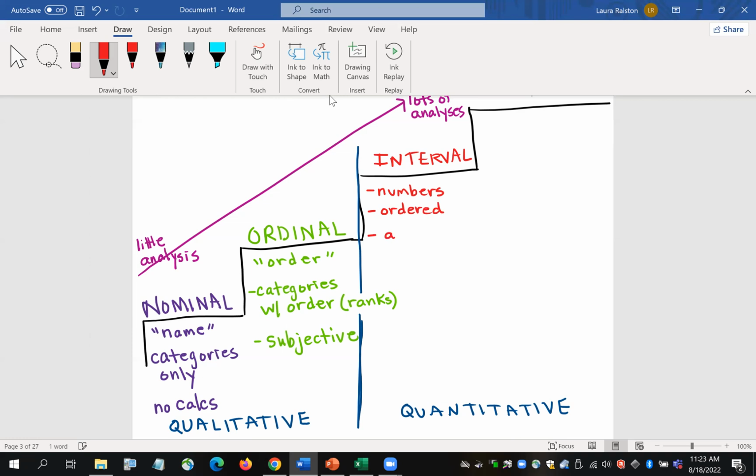At the interval level, we can begin to do some calculations such as addition and subtraction. We can talk about how one person is shorter than another, or one is older than another. You can begin to make comparisons by addition and subtraction. One of the primary characteristics of the interval level, and one that sometimes gives students fits, is that at the interval level we do not have a true zero. I'll explain what that means, but that's important.